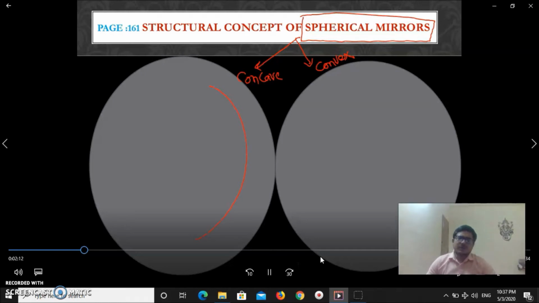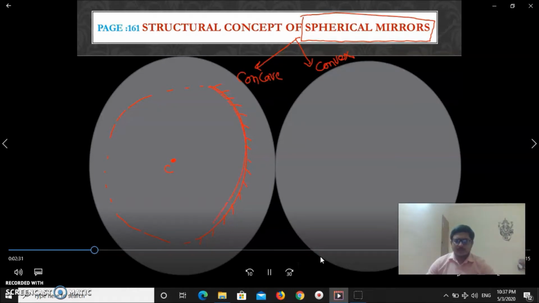Concave mirror. Let's try to complete the diagram. First I will draw the concave mirror. So this is the aperture, and now I am trying to imagine a complete circle. This is the center of the circle.